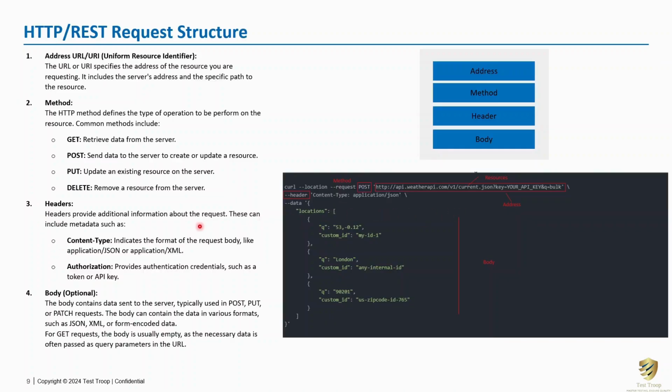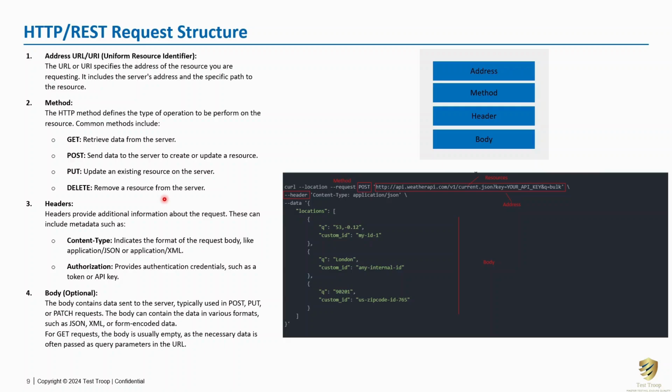Just a recap before we deep dive into the request and response message structure. In case of REST API, the client and server communicate over the web using HTTP or secured HTTP, which is called the HTTPS protocol. This HTTP/HTTPS basically defines the structure of how the request and the response should look.